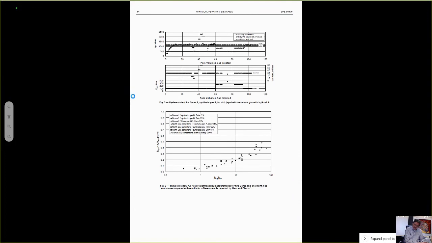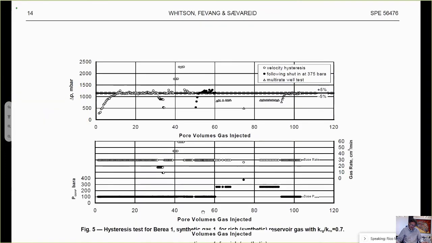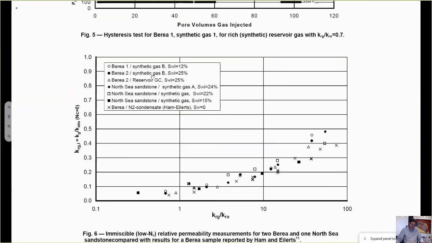This one, yeah. I think this is the same data, but with all the different KG-KO. I think the data in that other figure I showed was for something here.